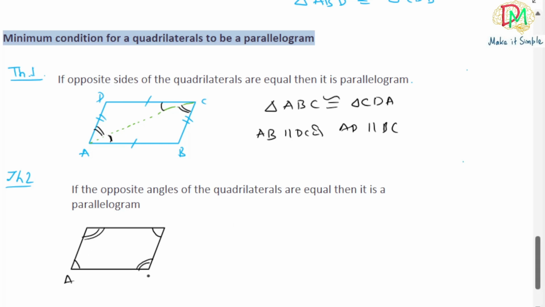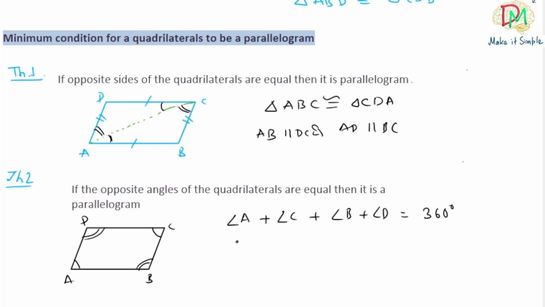Let's consider ABCD a quadrilaterals. Here the opposite angles are equal. Okay, so let's consider angle A plus angle C plus angle B plus angle D is equal to how much? 360 degree.